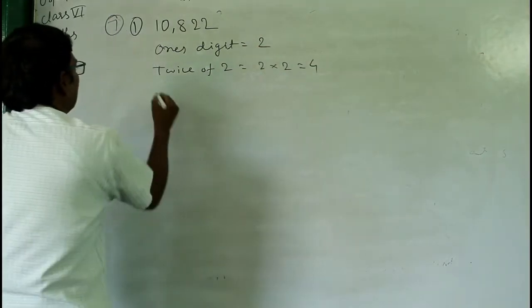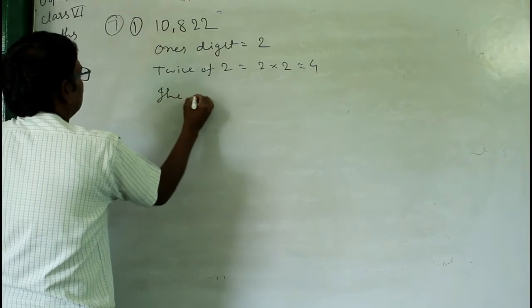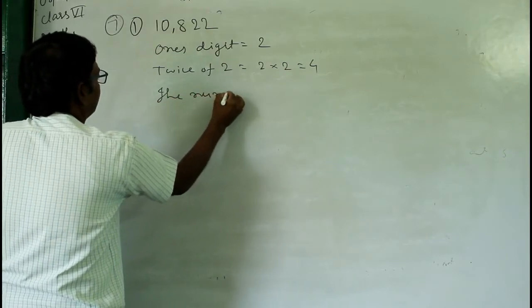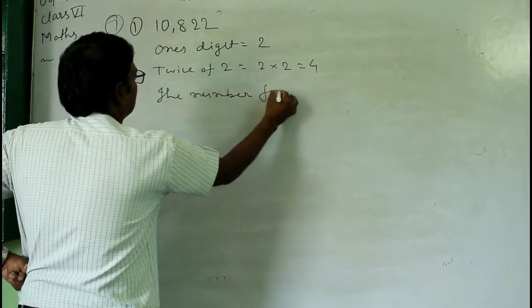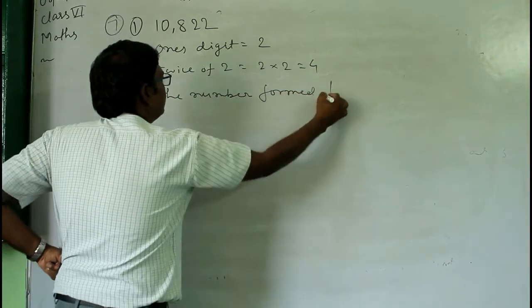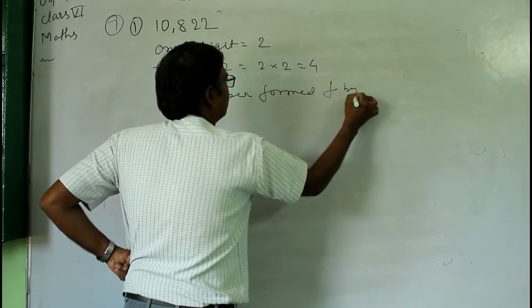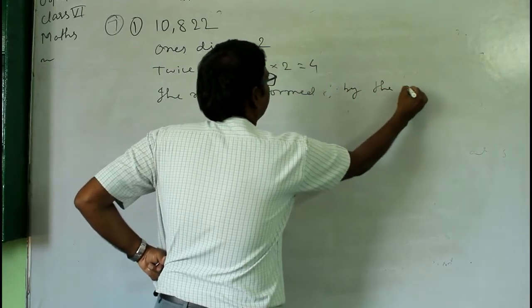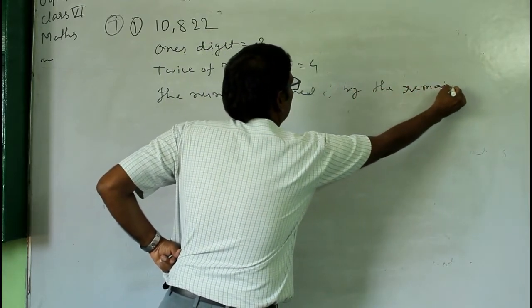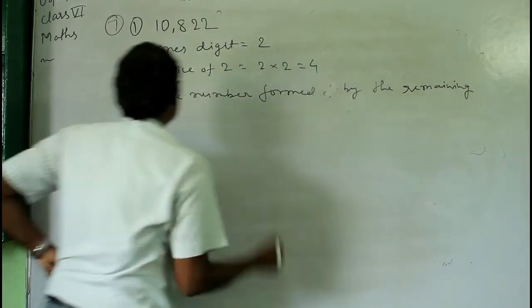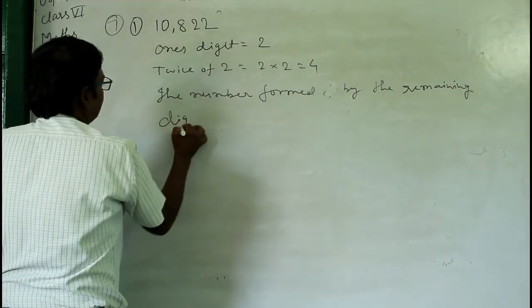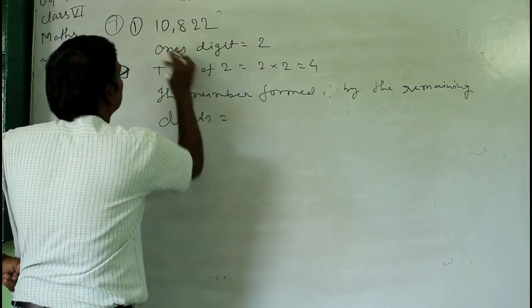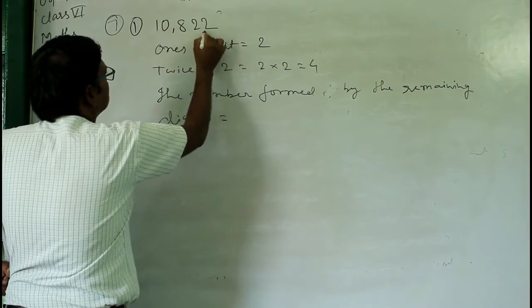And the number formed by the remaining digits, we cross out this digit.